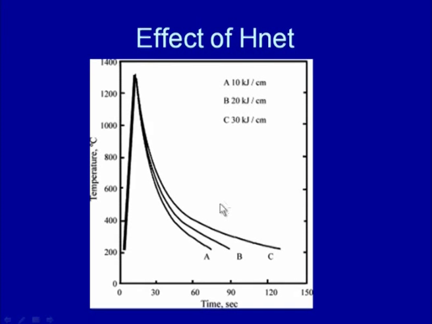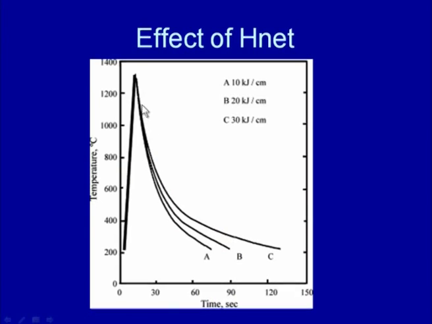We know that the higher the heat input, the lower will be the cooling rate. So, the slope of curve C is somewhat lower than curves A and B, and this slower cooling rate can be seen as a somewhat lesser temperature gradient as compared to that of curve A.